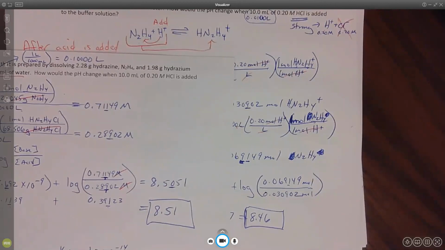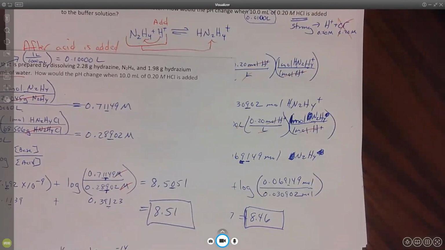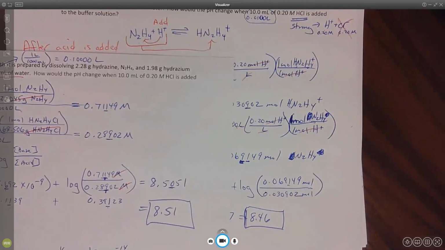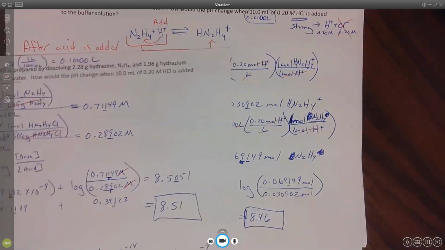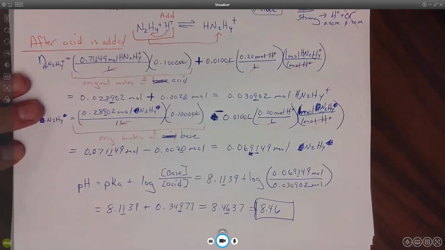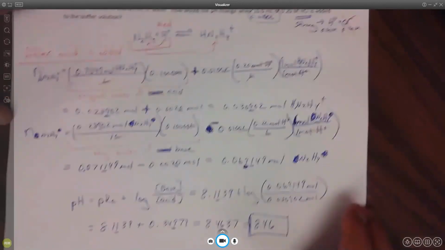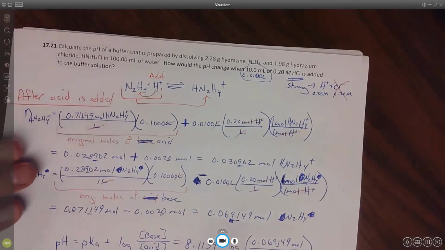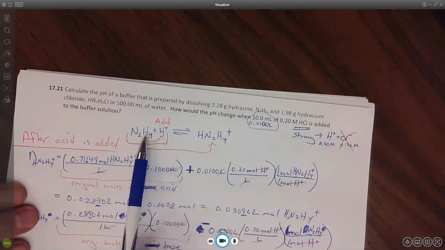So again, when you're doing these problems, you have to make sure that you have a game plan before you start. That game plan involves understanding the chemistry that occurred. When you're adding a strong acid or a strong base to a buffer, if you're adding a strong acid, the acid's going to react with the base.